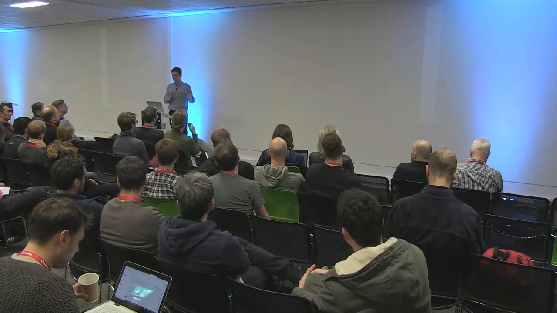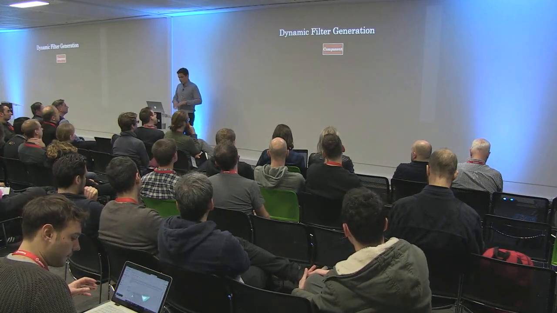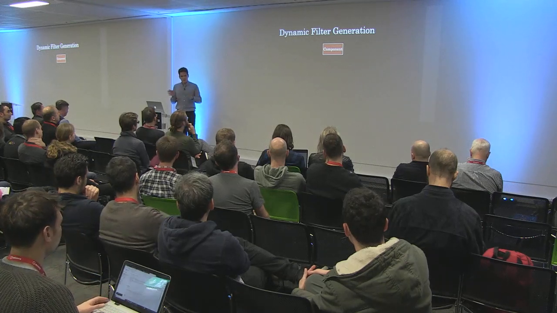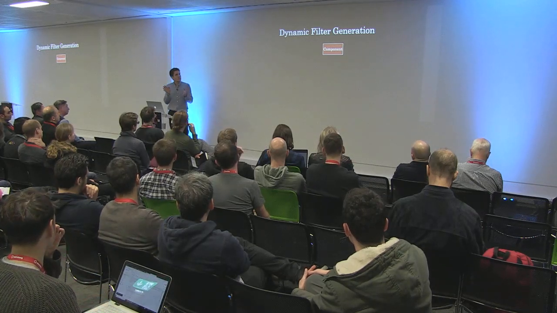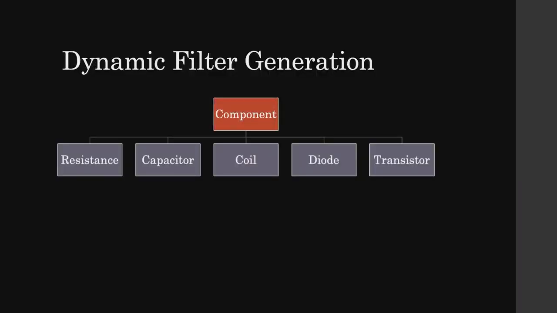Once I had the Python working, I did the same in C++. So basically, you have one component. All these resistors, capacitors, all that stuff are all components. You have different implementations on the bottom, because that's the way we do that in C++. And they all have stuff that is redundant, right?